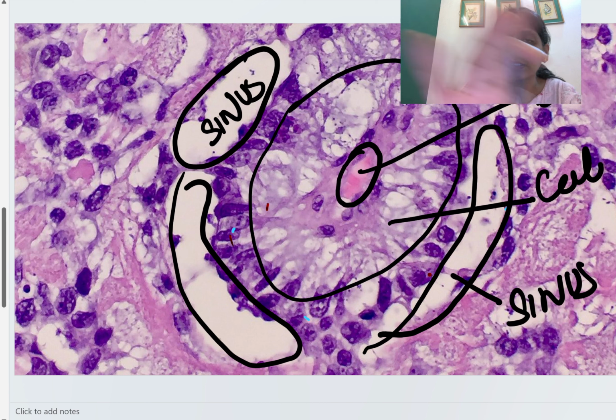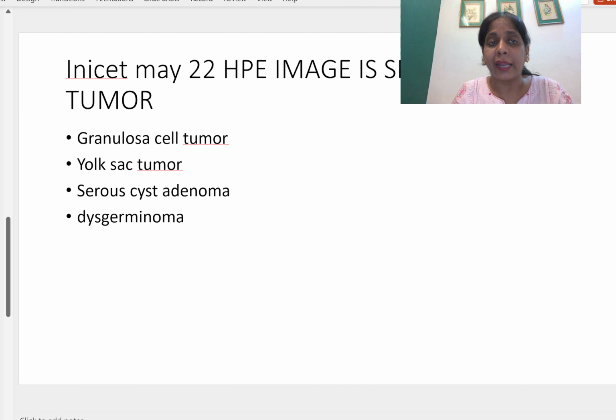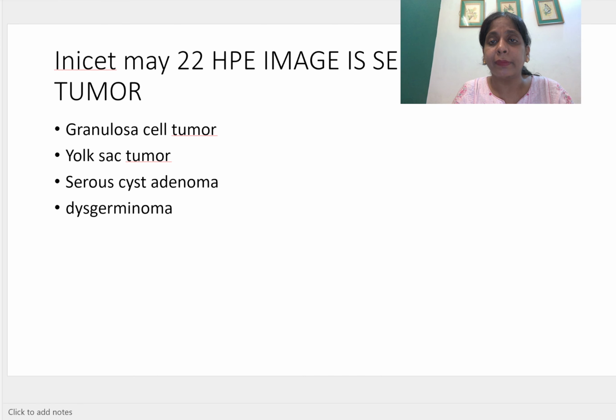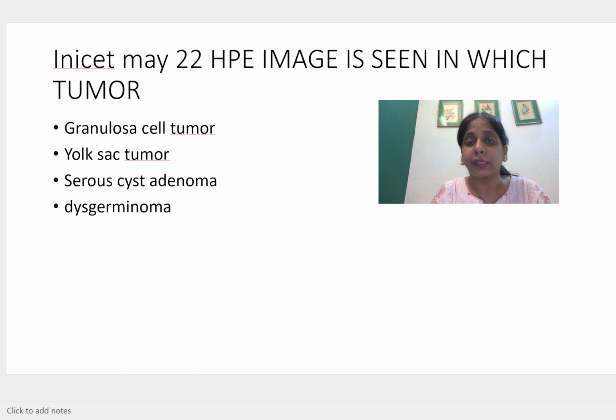So this structure is known as Schiller Duval bodies, and this was a question asked in INICET May 2022, and it is asked quite commonly in exams. The histopath image which I showed you is seen in which tumor?